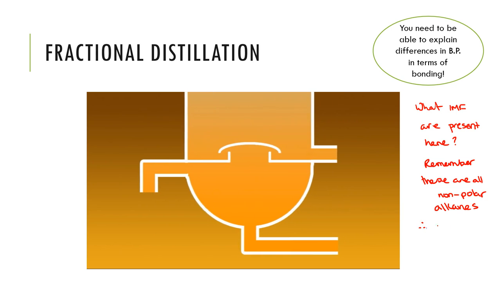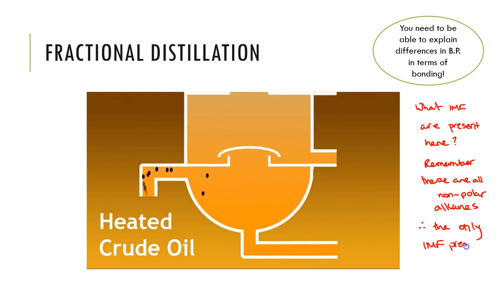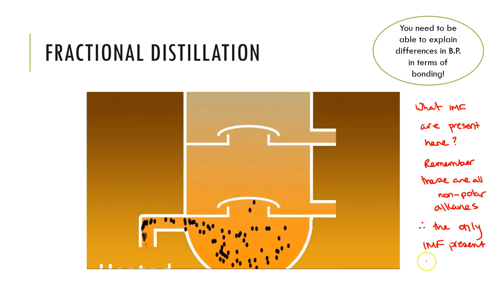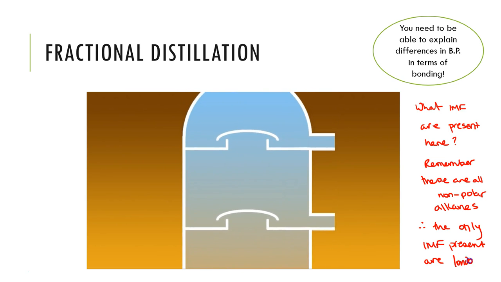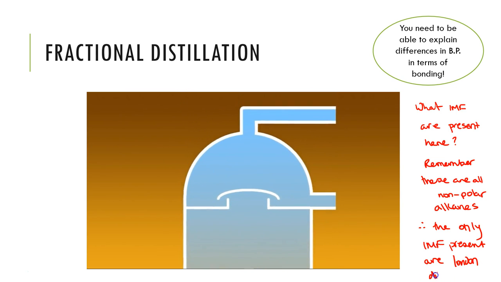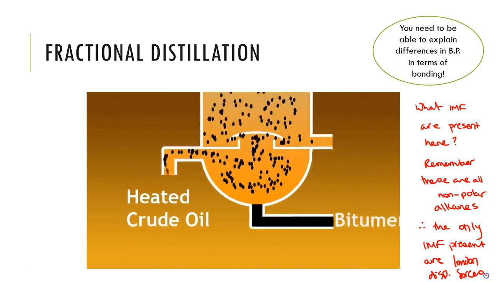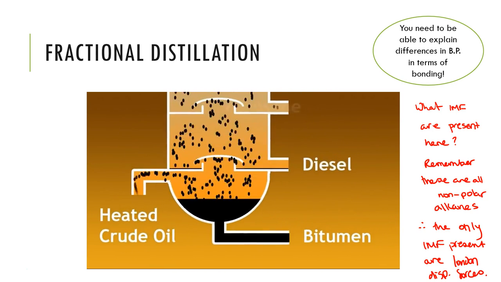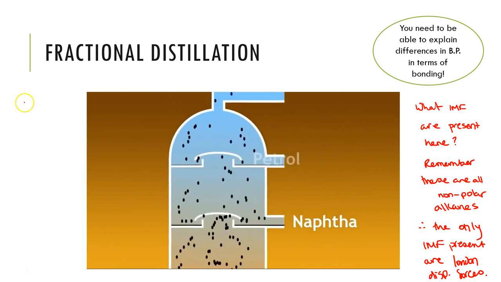As you can see, crude oil is heated up to a high temperature outside of the fractionating column. The hot crude oil, now mostly in vapour form, is pumped into the column. The column has a heat gradient and is very hot at the bottom, going cooler as we move up to the top. Even at the very bottom of the column, where the temperature is still high, some long chain molecules with high boiling points begin to condense back into a liquid.